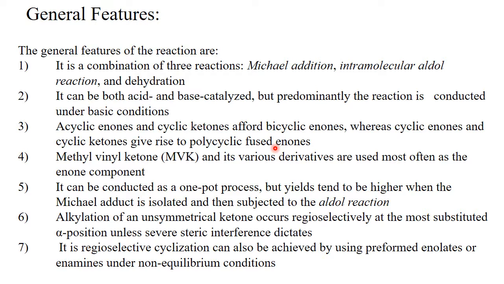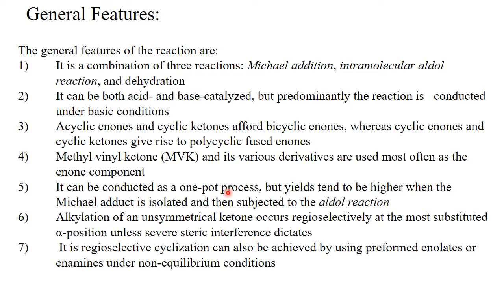If acyclic enones react with cyclic ketones, it affords bicyclic systems, whereas cyclic enones and cyclic ketones give rise to polycyclic fused enones. Remember, there are two reactants: one is a simple ketone and the other is an alpha beta unsaturated ketone.